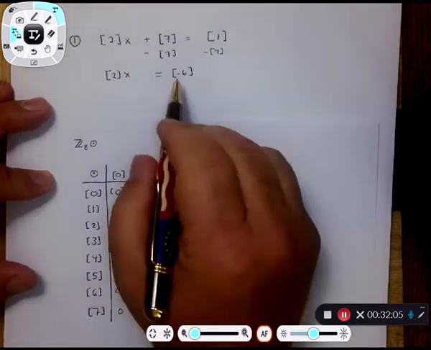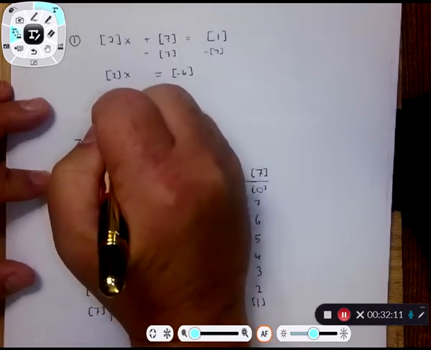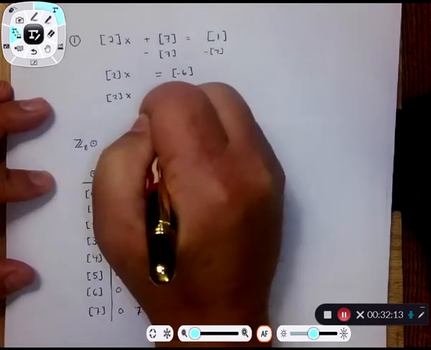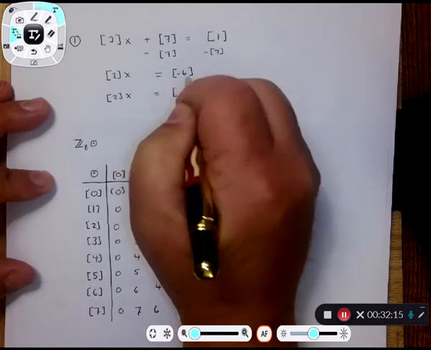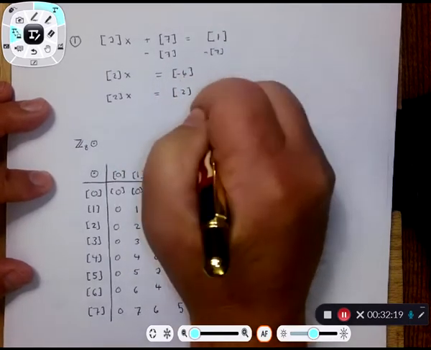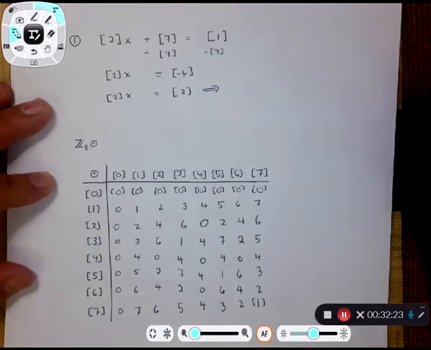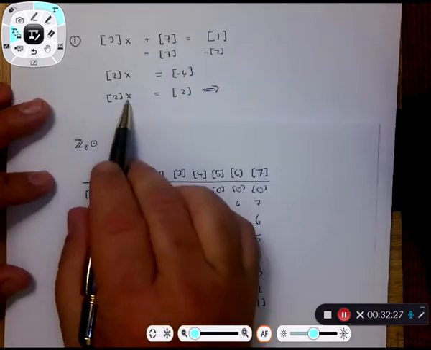So to turn negative 6 back into that Z mod 8, I'm just going to add 8 to them. So that gives me equivalence class 2 times x is equal to negative 6 plus 8 is 2. So this ends up becoming my equation after manipulating it around and getting the 2x by himself.